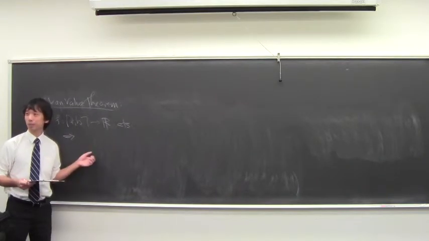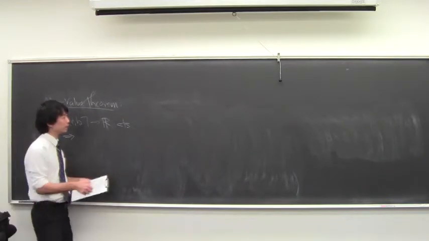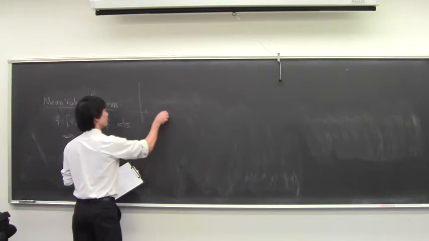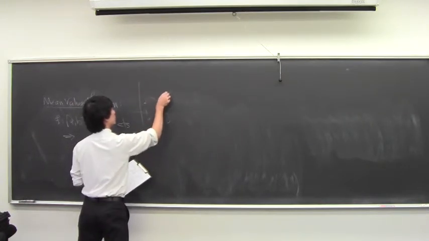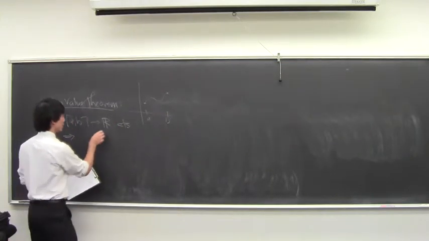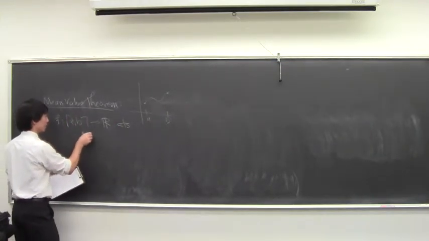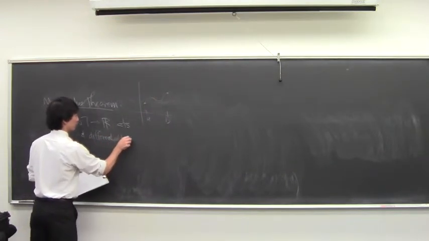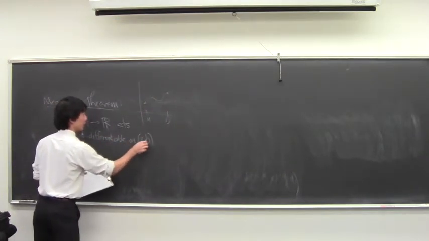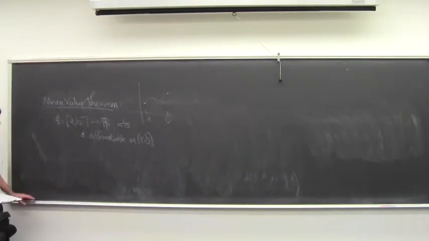Somebody tell me. Then what? You have some function on [a, b], it's continuous. It needs to be differentiable, right? And differentiable on (a, b).